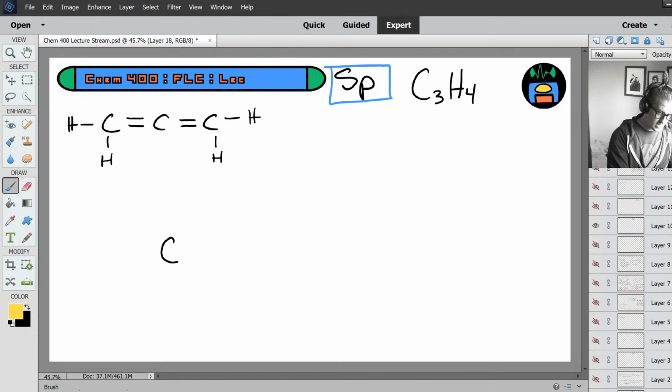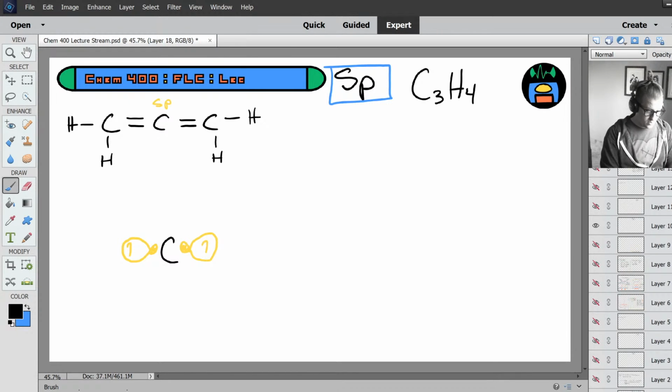We said that our central carbon is sp hybridized, right? That means it has 2 sp hybrid orbitals, and it's going to make direct sigma bonds to the carbons both on the right and to the left.